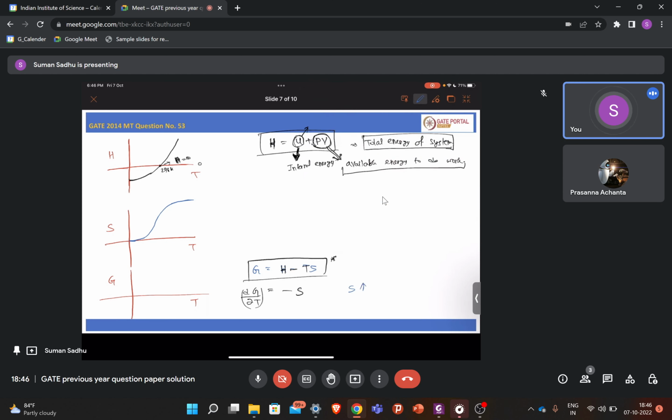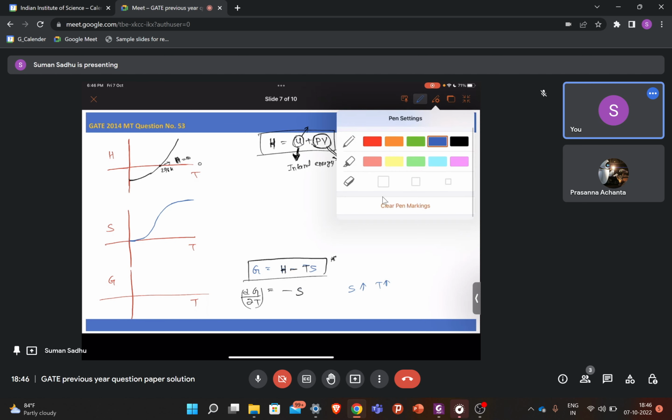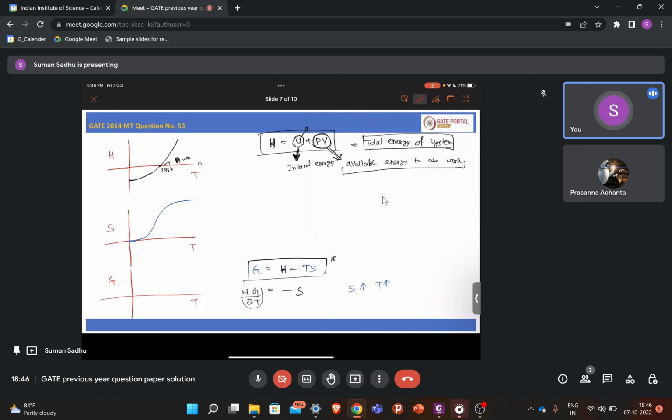S increases as temperature increases. So the slope is negative, right? Negative slope means G will decrease with temperature. So at T equal to 0, G will be H, and from here it will decrease, because your slope is negative.